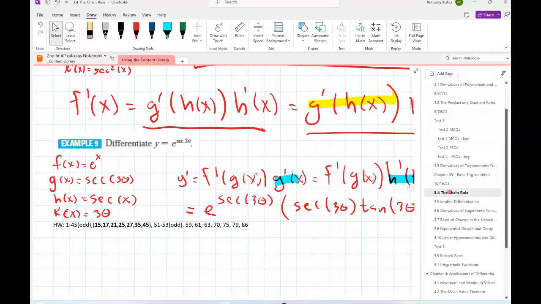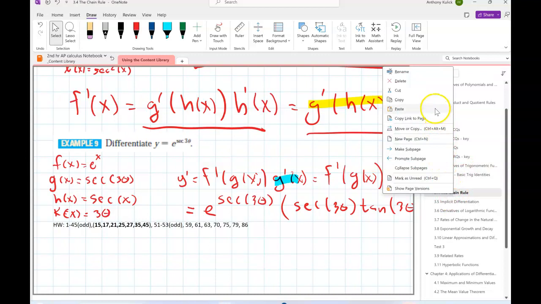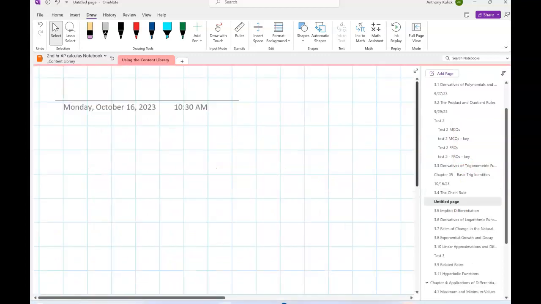But that's the plan. I want to talk about inverse functions and doing the derivative if you have two functions that are inverses in a composition. So maybe we'll just make that a new page.